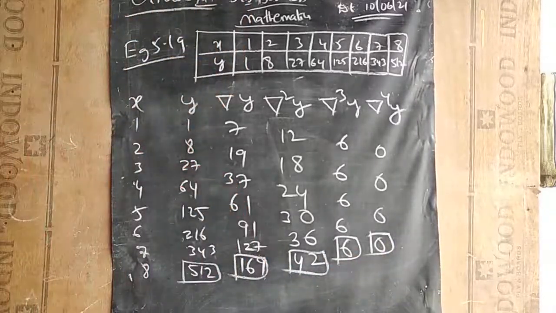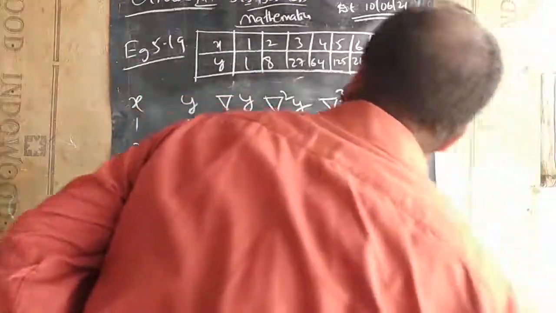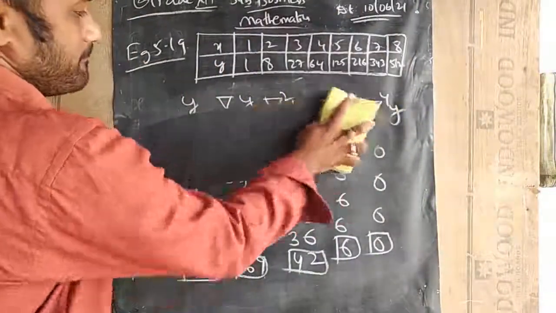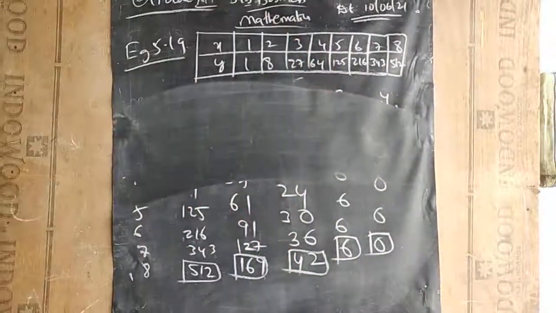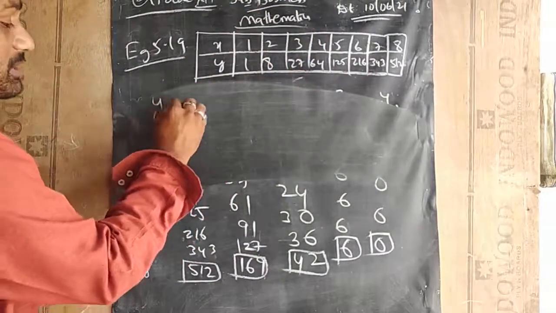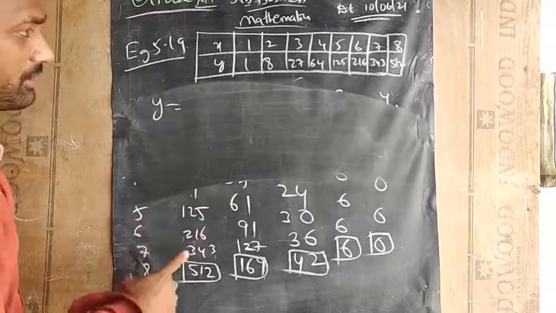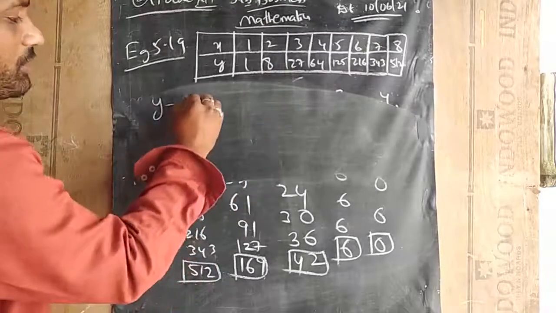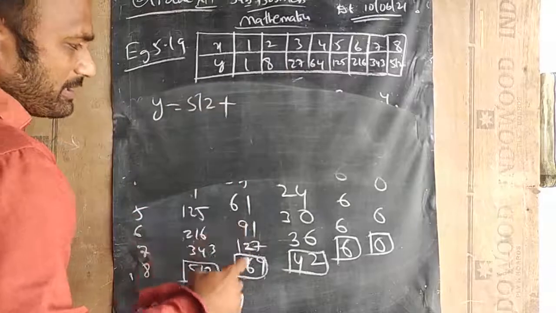So we are going to write these values in our backward interpolation formula. Let us write. So y is equals to yn. Yn is 512. So 512 plus n value.